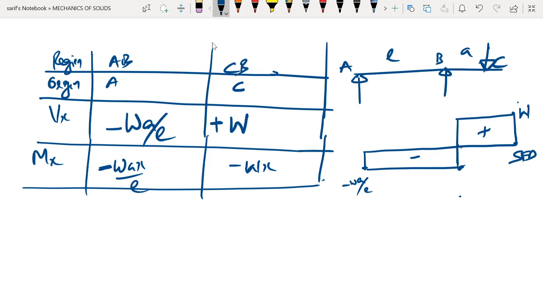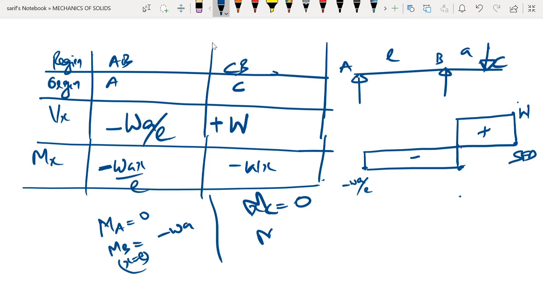Now the bending moment at A: x is equal to 0, bending moment is 0. At B, x is equal to L, bending moment becomes minus WA. At C, bending moment is 0, and at B, x is equal to A, so if you substitute, we'll get minus WA.